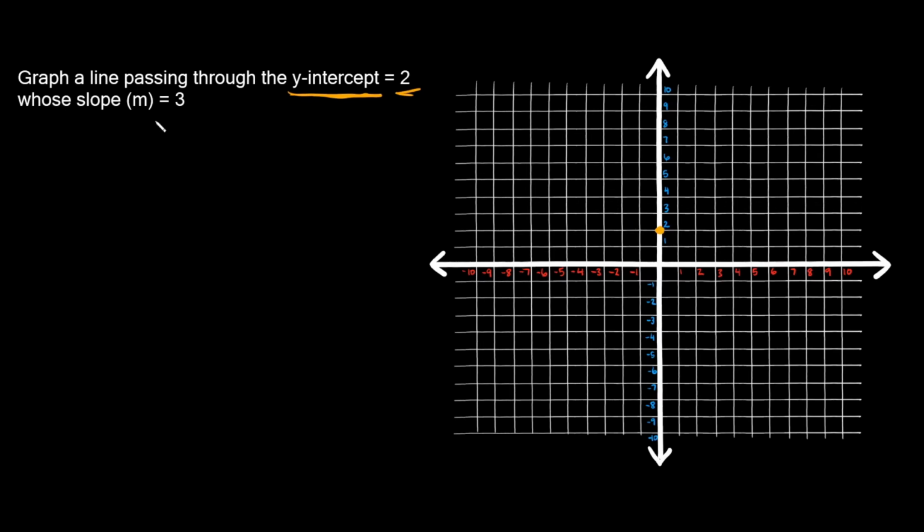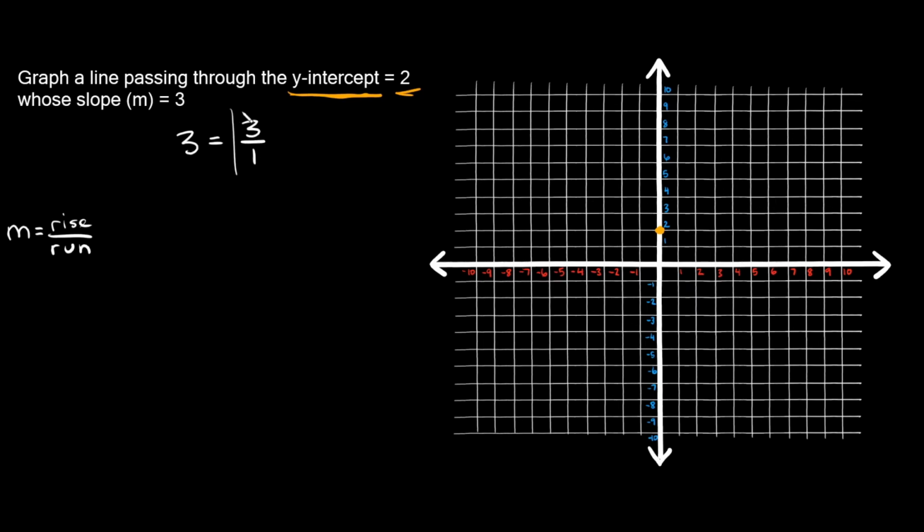Now let's figure out the slope. Here it says the slope is equal to 3. Again, the basic definition is the rise over the run. Our slope, 3, we could also rewrite as 3/1; these are exactly equal to each other.